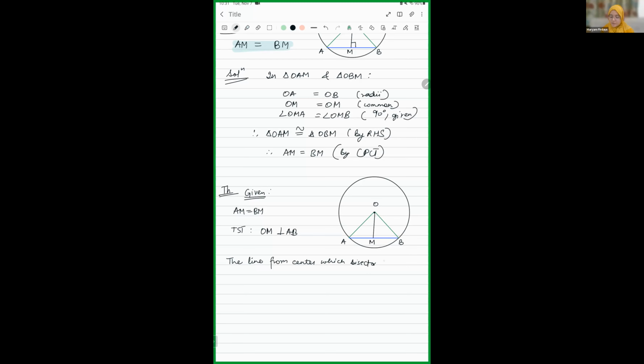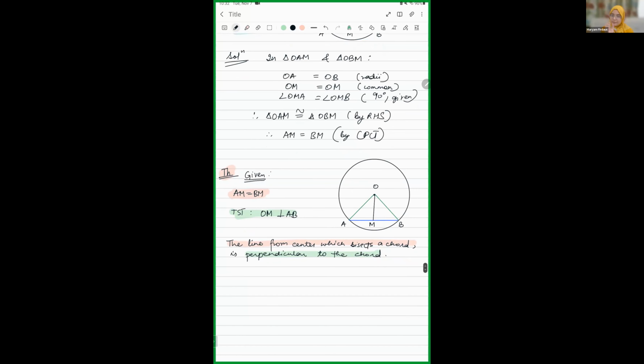The line from the center which bisects a chord is perpendicular to the chord. So to show is that it is perpendicular. That's what we have to show. And it's given that it bisects the chord. The bisecting part is already given. We have to show the perpendicular part.